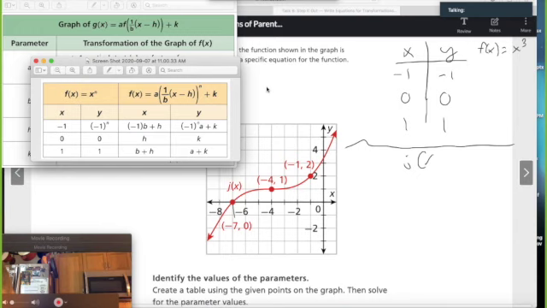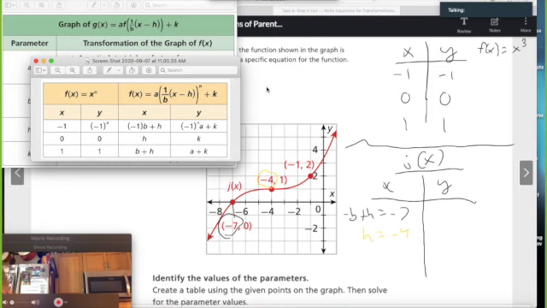So if this is our j of x function, our x, and then our y. So again, we've got negative b plus h is equal to this guy right there. And then our h is equal to this guy right there. And then our b plus h is equal to this guy right there.